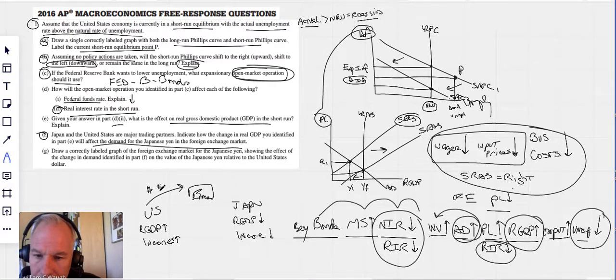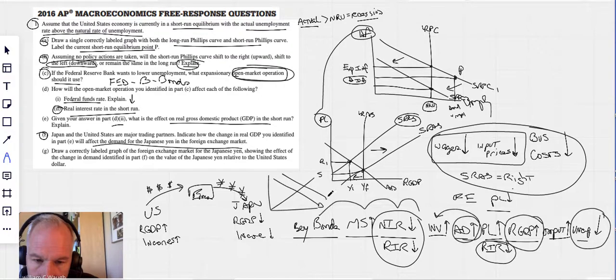And they dump their dollars into the FOREX and buy yen. So they can pay. Japanese only accept yen for their goods and services, which we want. So U.S. citizens take their dollars, they dump them into the FOREX, and they buy yen. The demand for yen just increased.